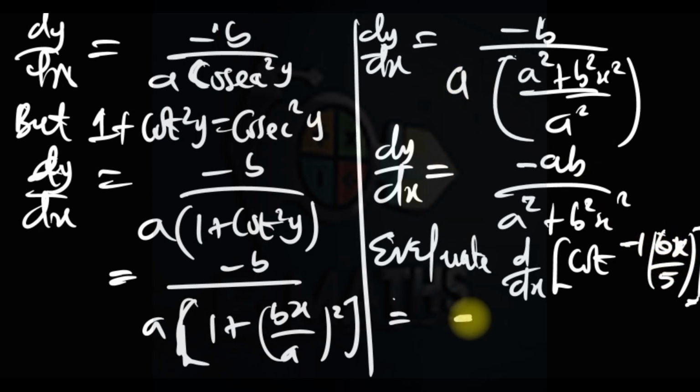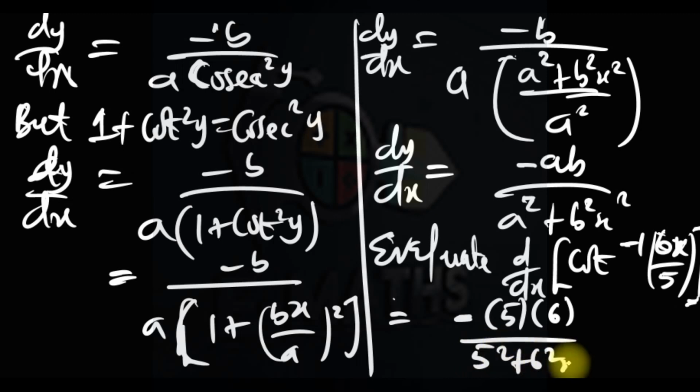So the answer is minus 5 times 6 over 5 squared plus 6 squared x squared, which is minus 30 over 25 plus 36x squared.